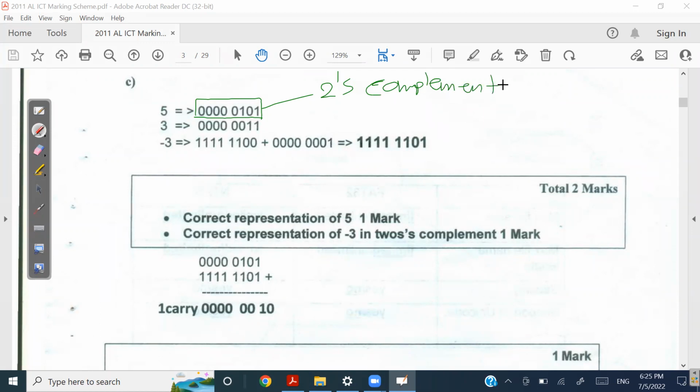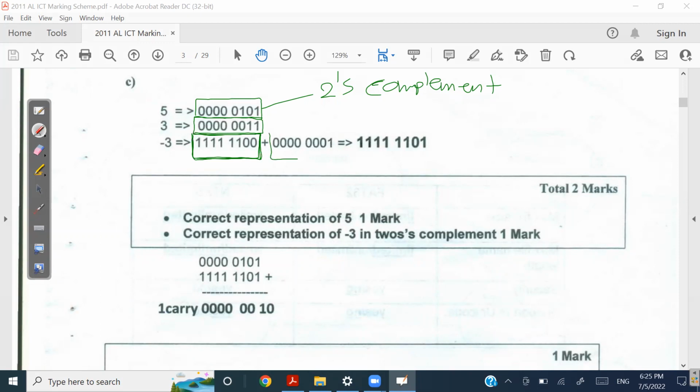Right, and for the 3, you should write the positive 3 first using 8 bits. Then you have to invert it. Inverting means the zeros become ones, ones become zeros.